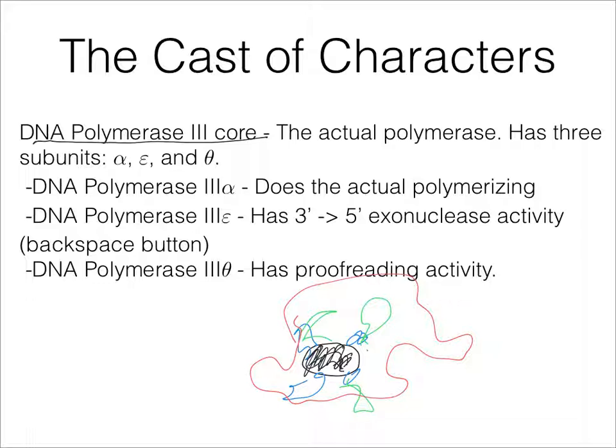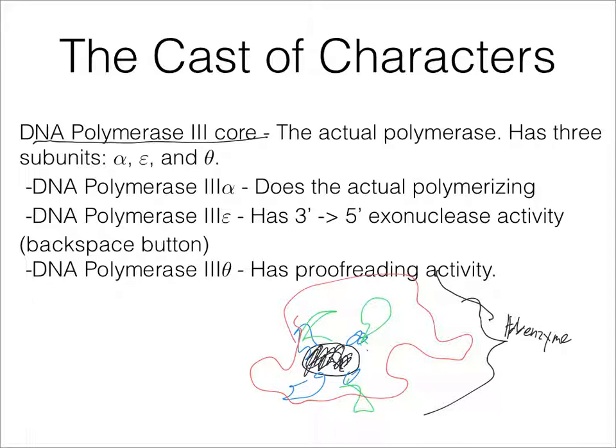And when we talk about the core, we're just talking about this central region. When we're talking about the core plus all of the other stuff, that would be called the holoenzyme.